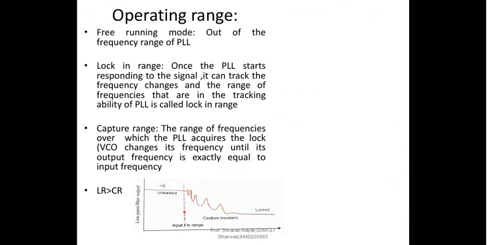Now one more important point to be noted here is that it has three operating ranges. One is called the free running mode. What I mean by the free running mode is, depending upon the physical limitations of the phase locked loop, it is not possible for the phase locked loop to track the frequency right from DC to infinity.